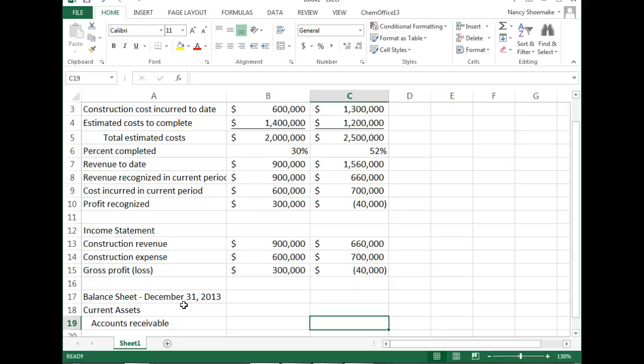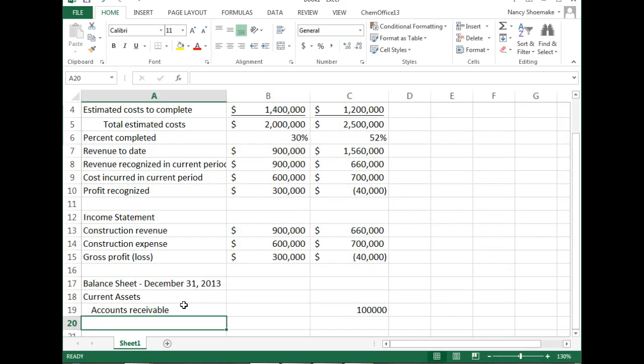We showed revenues of 600,000, but what do we have in accounts receivable for the year? Well, what did we collect? We collected 400, so our accounts receivable would be 100,000.